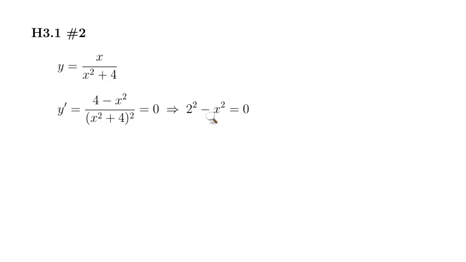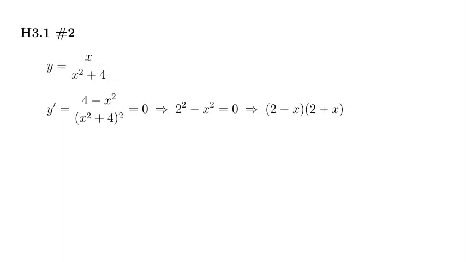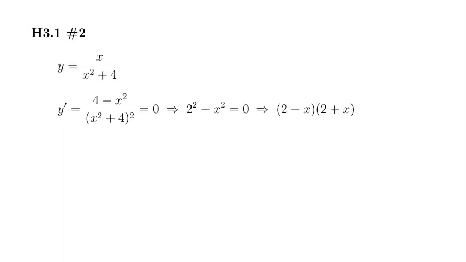So there's a difference of squares, and you can write it as 2 minus x times 2 plus x. By factoring it out, we have 2 minus x times 2 plus x, and this is equal to 0.